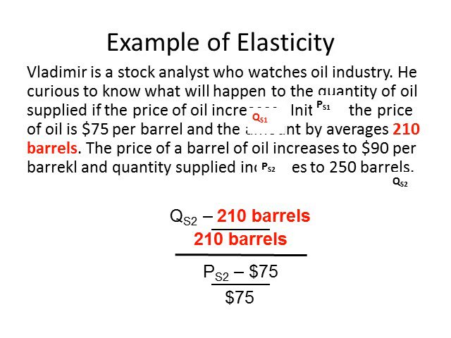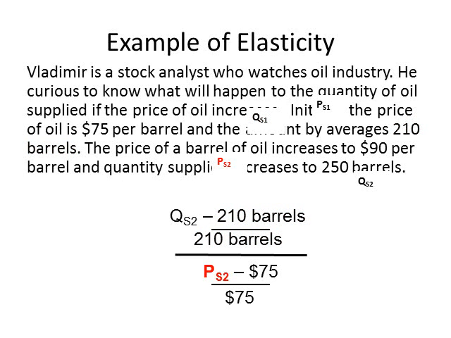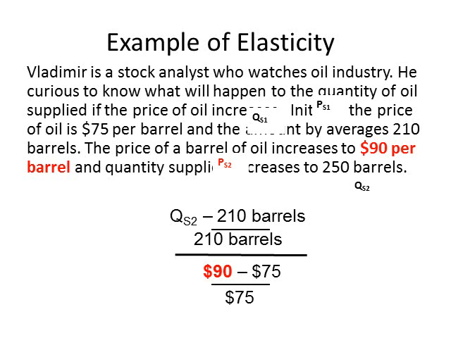Next, move on to the next item in the formula, PS2. Locate PS2 in the problem and in the formula. Once you have located PS2 in the problem, you will notice that it is $90 per barrel. Next, locate PS2 in the formula and replace it with $90.